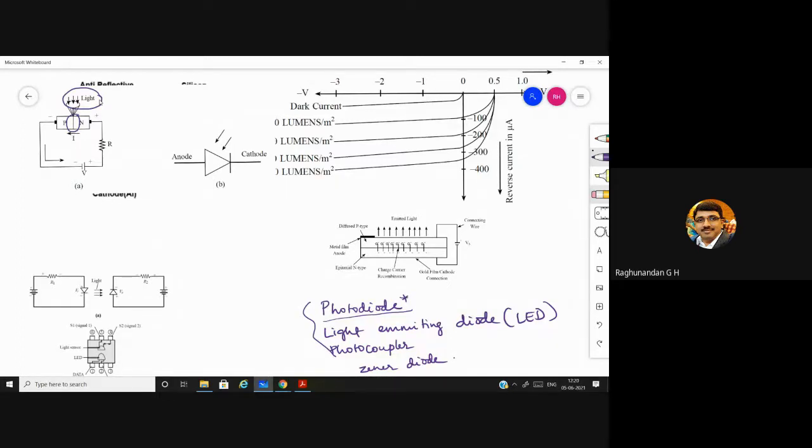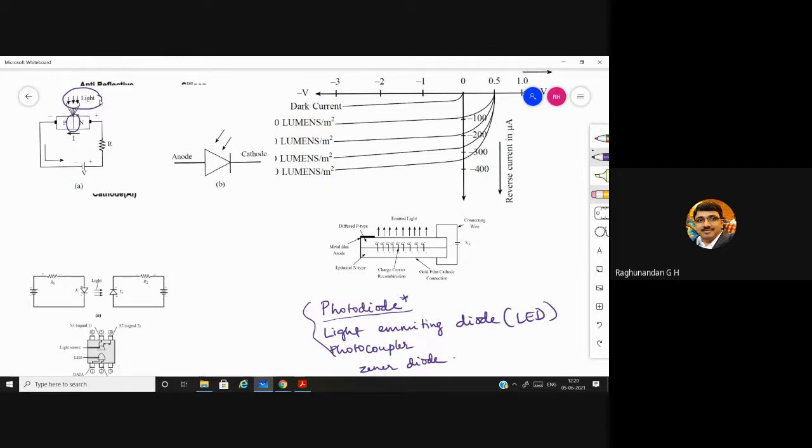But our intention is what? I want to convert this light to current. That's it. I don't want any extra current. I just want this light equivalent current. When you want the light equivalent current, you have to make the diode reverse biased.